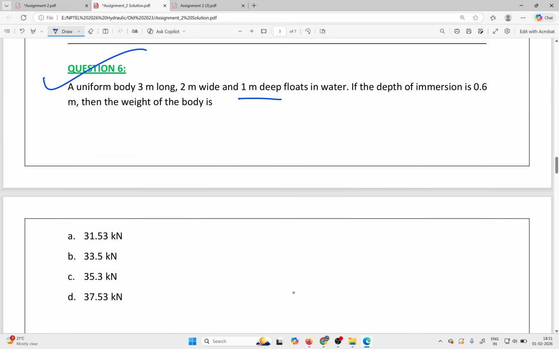A uniform body 3 meter long, wide 2 meter, and deep 1 meter.